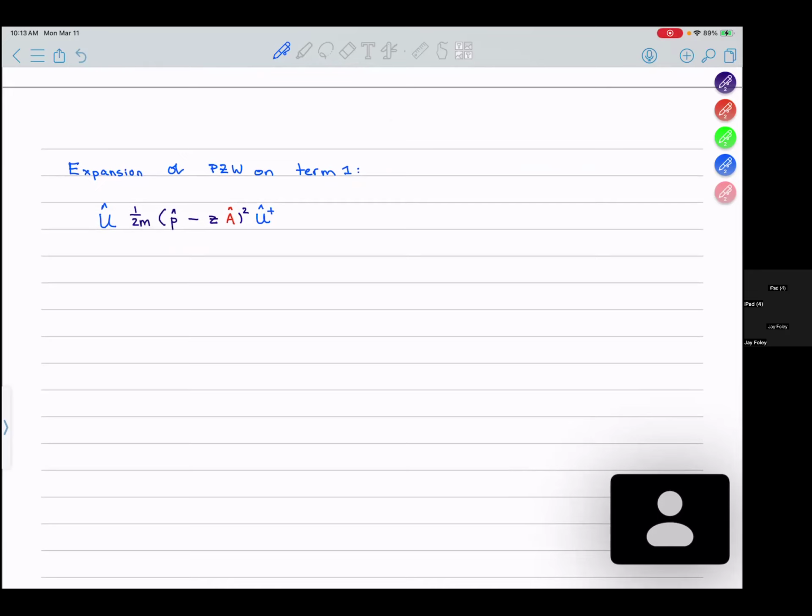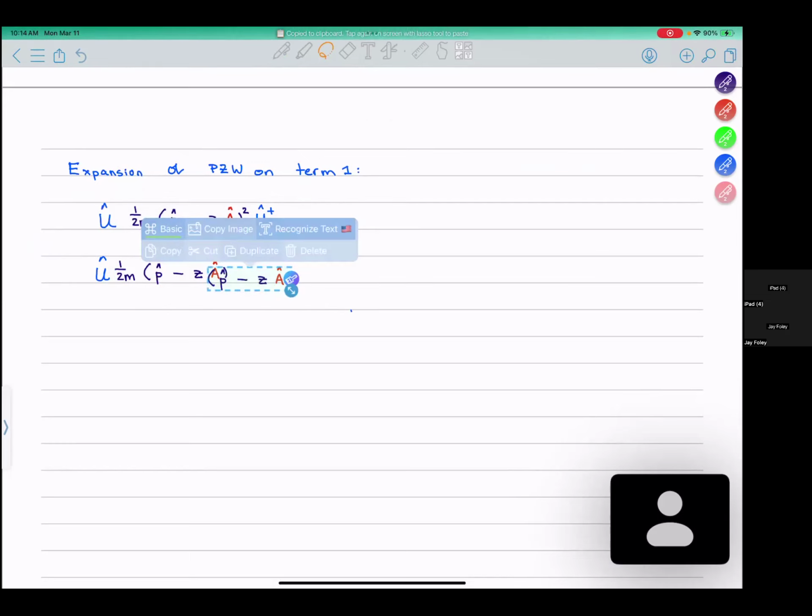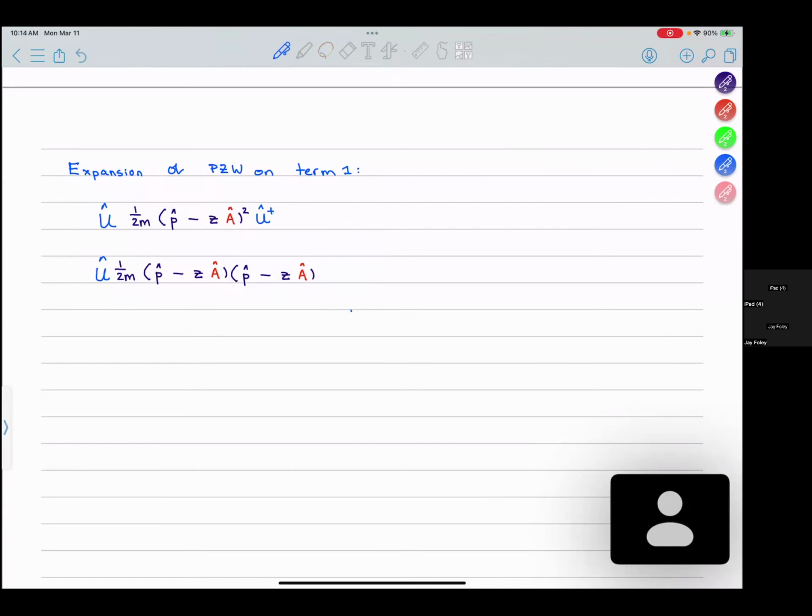Well, but actually what this has to be equal to is the square of the transformed piece, right?